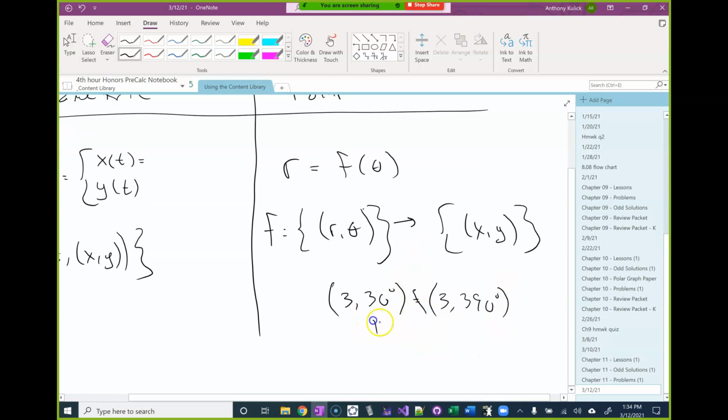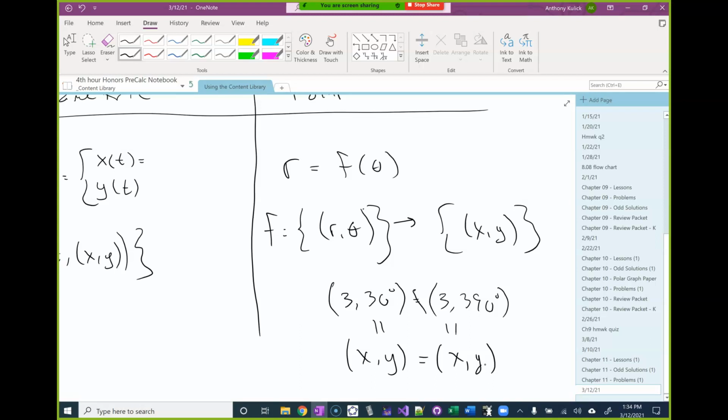These are technically different ordered pairs in terms of r and theta, but they are the same x y point. So again, we can get things that are still functions as a polar function, but produce graphs that fail a vertical line test. Remember when we graphed polar functions, we got all those like rose curves and stuff coming out of it?